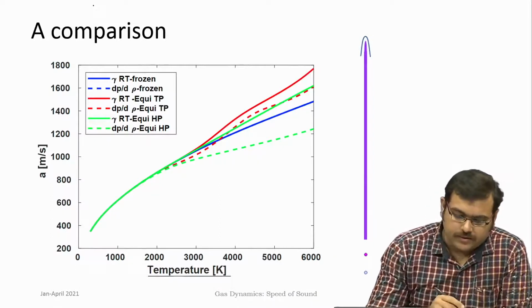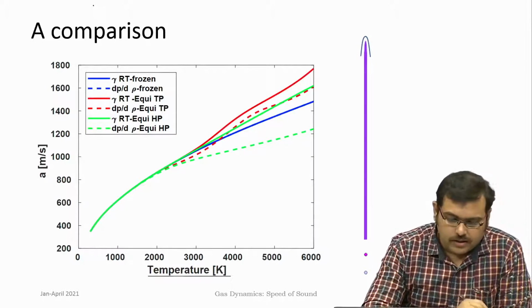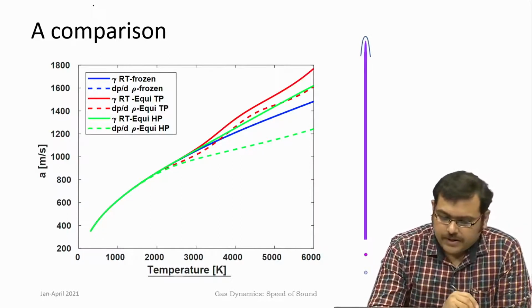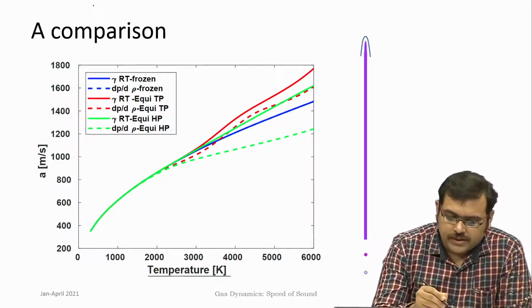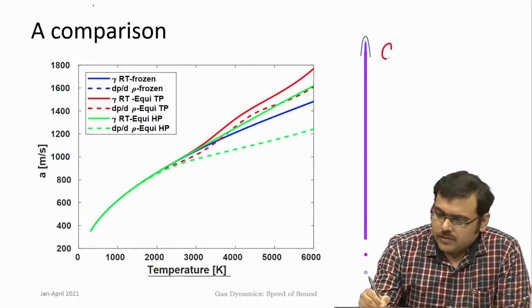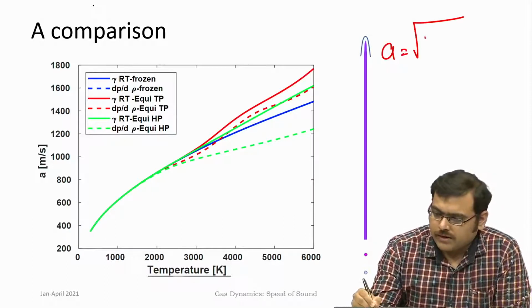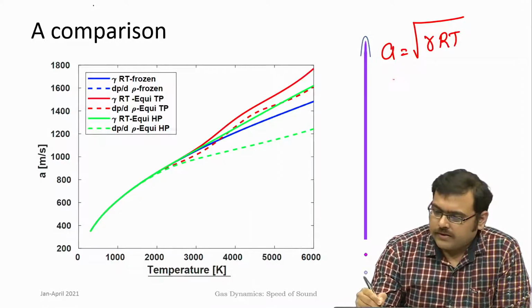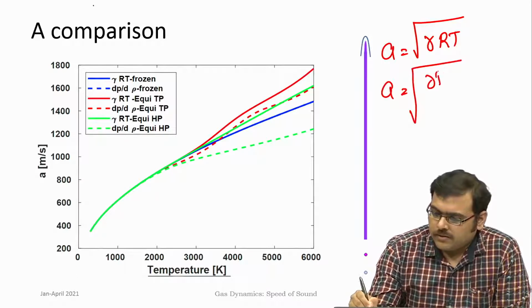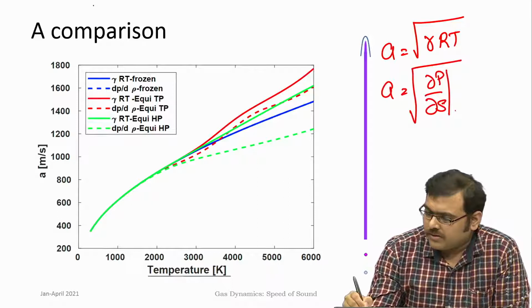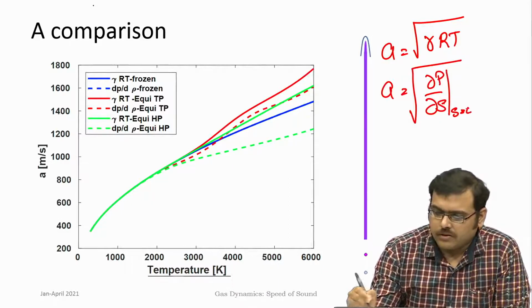These are all plotted, and there is a comparison between using the formula a equals square root of gamma RT and determining a by the square root of this generic formulation, that is at entropy equal to constant.